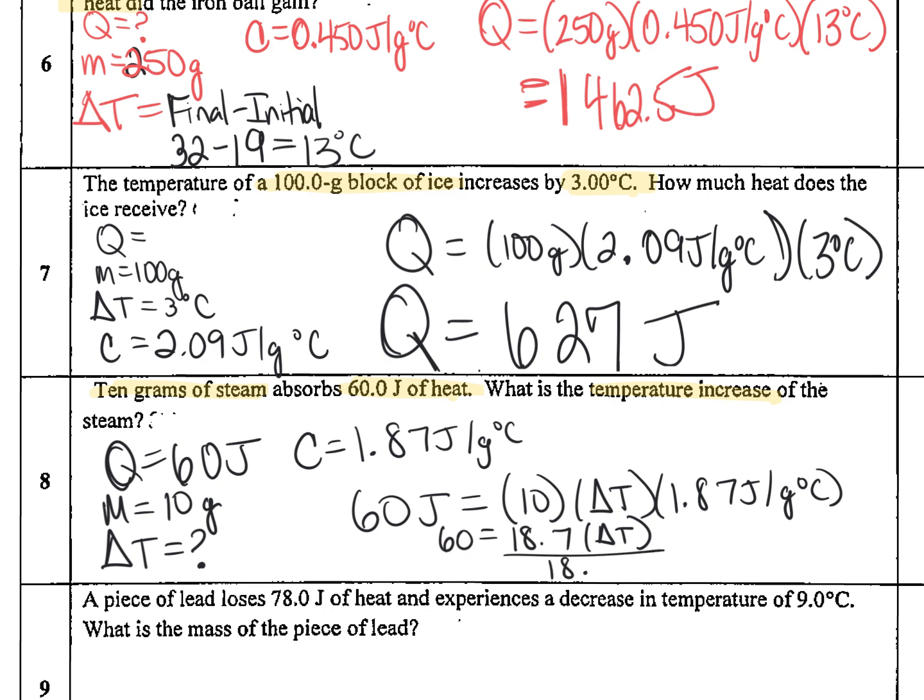We do want to get our change in temperature isolated, so we're going to divide each side by 18.7. And so we get a change in temperature of 3.21 degrees Celsius will be the temperature increase.